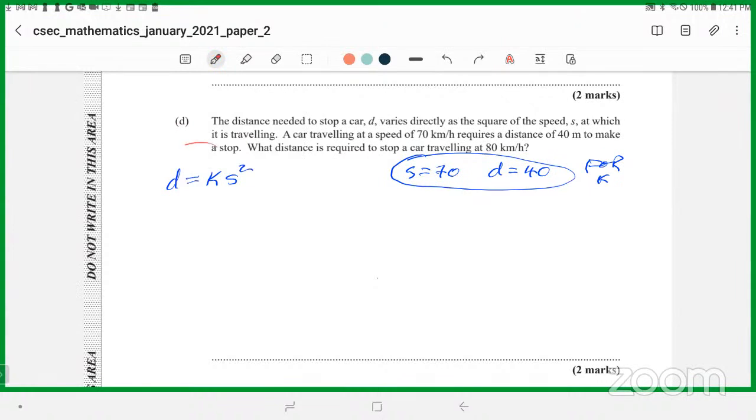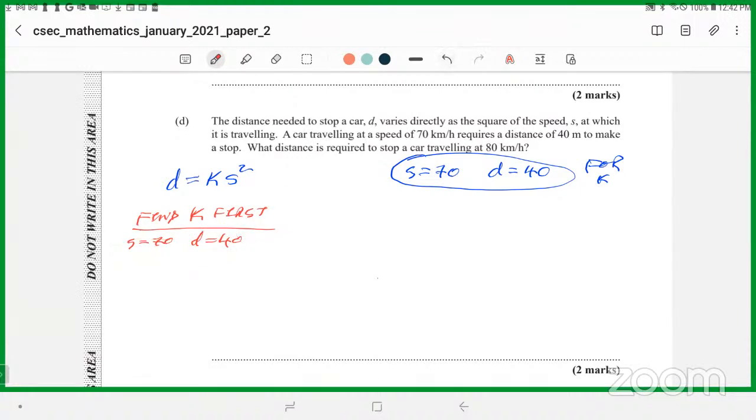So this is a relationship. We're going to find K first. We're using this pair of values that I put in words: S equals 70, D equals 40. Plug those values inside here.